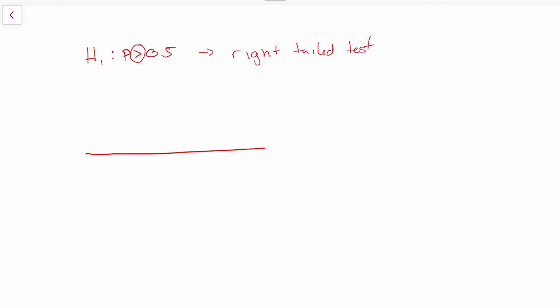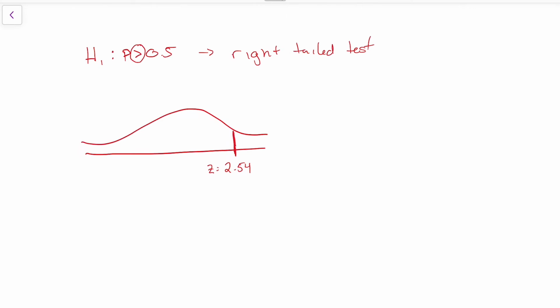Here's how we do this. Our alternative hypothesis was that the proportion was greater than 0.5. Because I had the greater than sign, that tells me I have a right-tailed test. So when I look at my distribution, what I plot here is my z-score, my test statistic of z being 2.54.